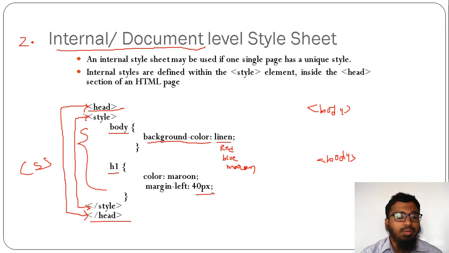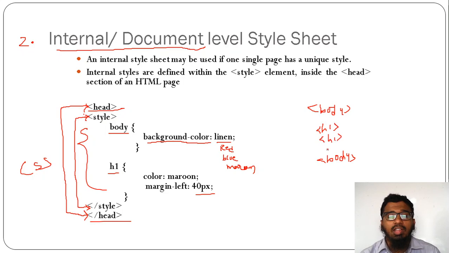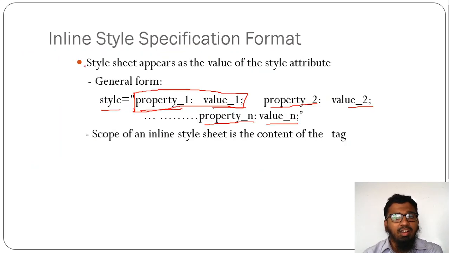So this is a simple code, and whatever you are going to write in the body, however many times you write h1, any number of times, it will apply the same format. What is the difference between internal and inline?